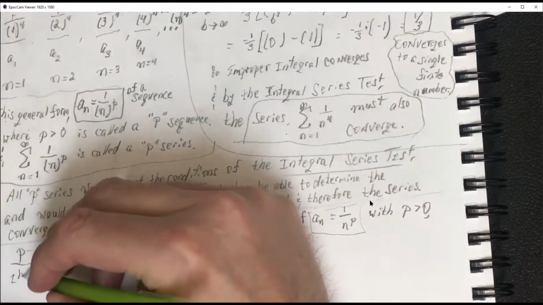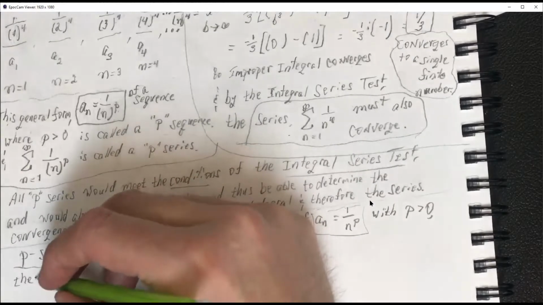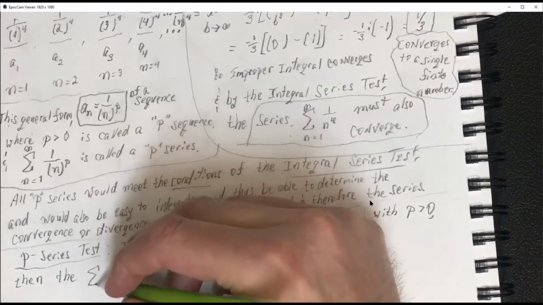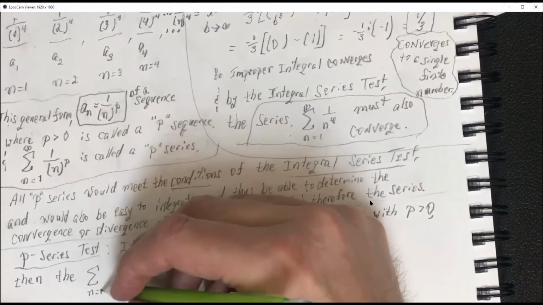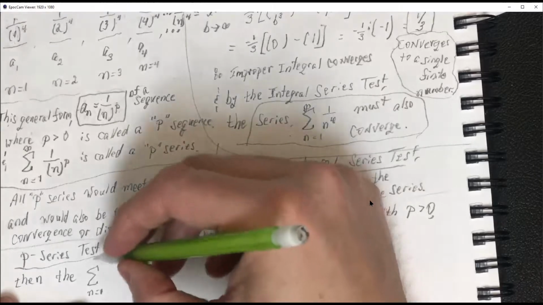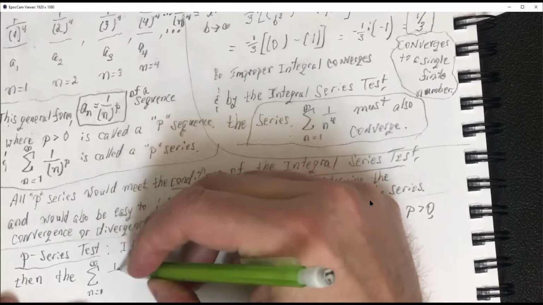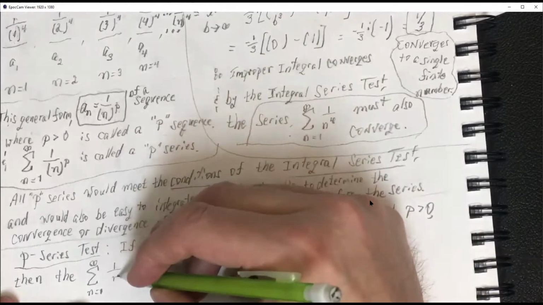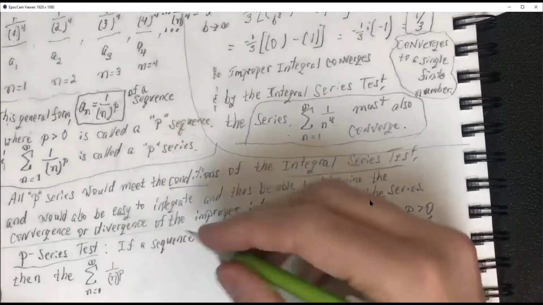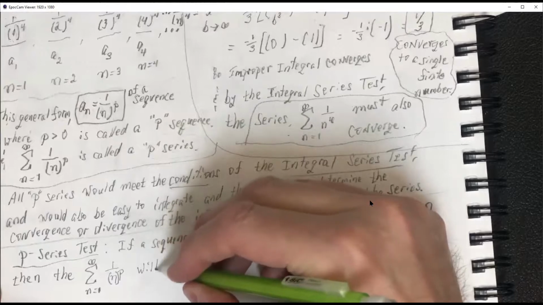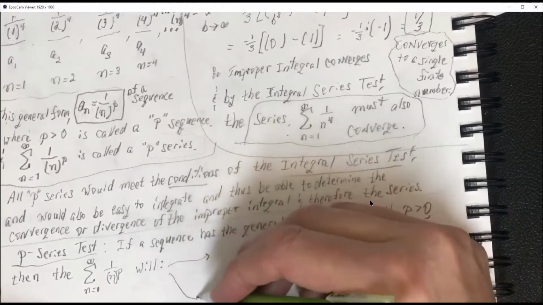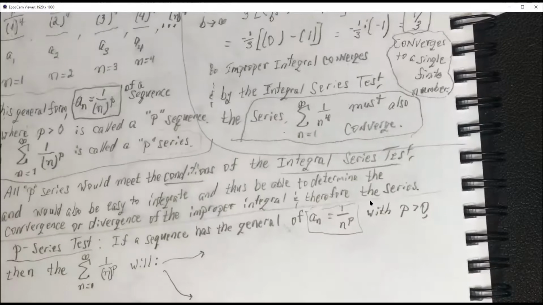Then the series from n equals 1 or n equals 2 or whichever starting n value, can't be 0 though, to infinity, of this P sequence will, well, what happens with any series?